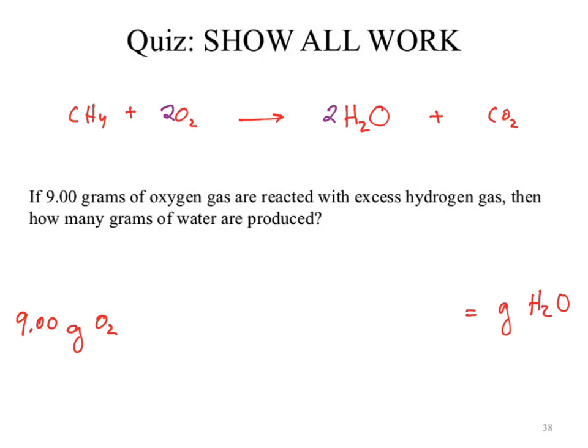Should I be using this chemical formula to convert my substance? You're shaking your head no. Why? Because we're choosing H and O, we don't need carbon. Maybe I understand where you're going from. You're saying, well, in this question we just care about oxygen and water. I don't care about carbon. Not quite.